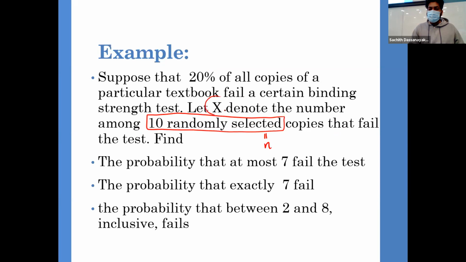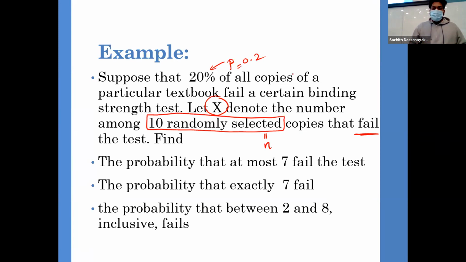This is your capital X, and x is the number that fail the test, so success is failing the test. So what is the probability? Simply p is 0.2. So x can be 0, 1, 2, 3, up to 10.